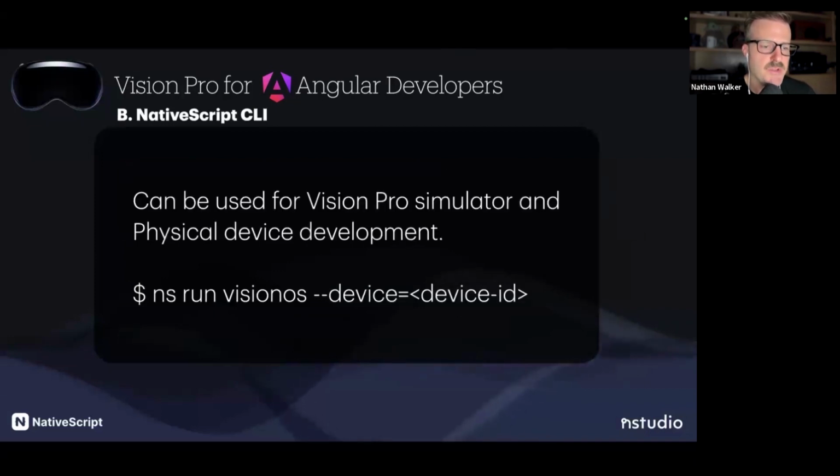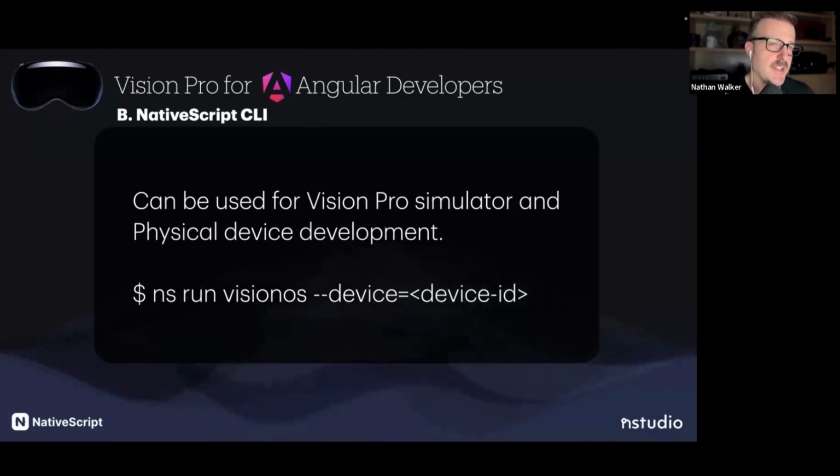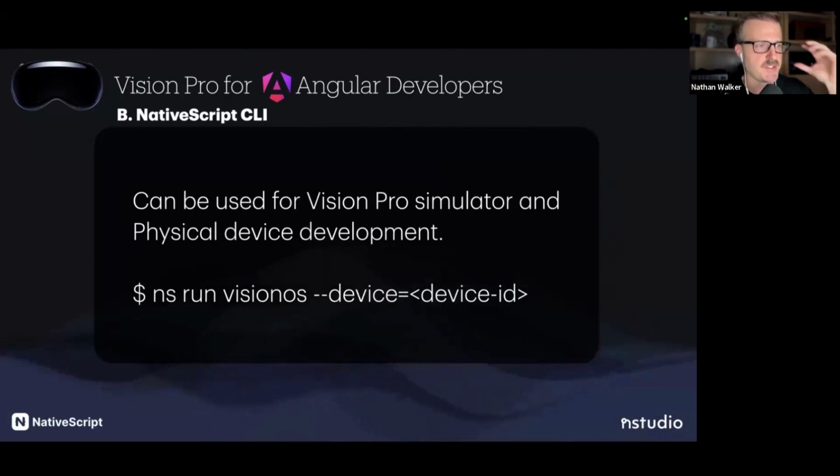This command can be used for the VisionPro Simulator, which comes with the latest versions of Xcode, and you can also, of course, use it with a physical device. When you have a physical VisionPro plugged in, and I should mention they sell a developer cable for the VisionPro, and it attaches on the side of it, and you can plug USB-C into the Mac.